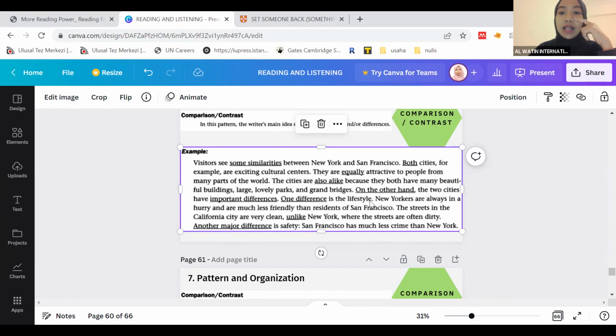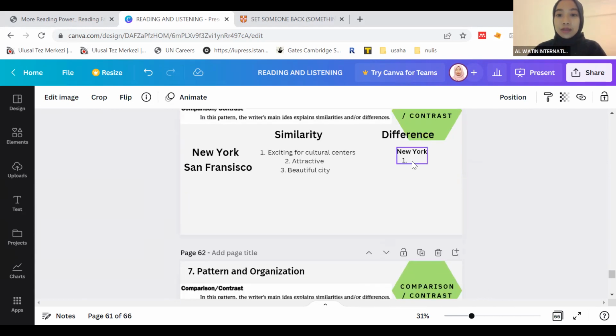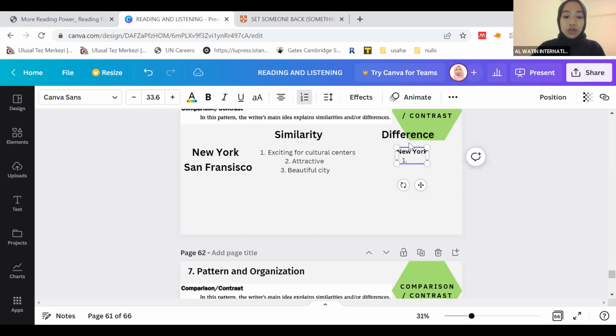New Yorkers are always in a hurry and much less friendly than residents of San Francisco. So the first one, New York: always in a hurry and less friendly.